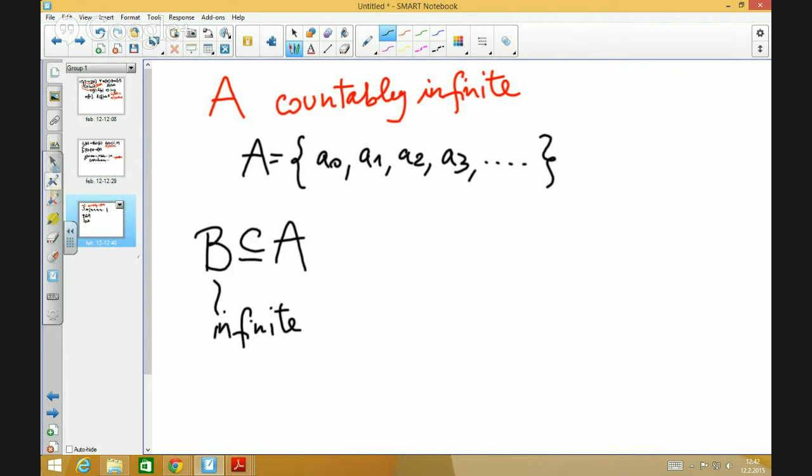Well, I look at the enumeration of my set A, and I start traveling through it from the beginning onwards. I was about to say from the beginning to the end, but there is no end. I look at the first element, A0, and I ask myself, is it in B? If the answer is no, I move on. I ask, is A1 in there? If the answer is yes, I write A1.